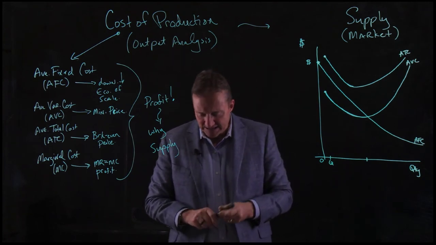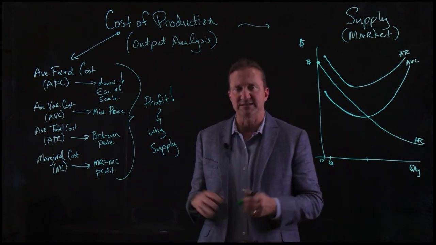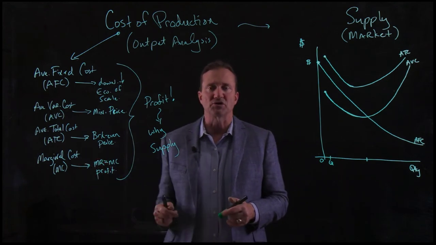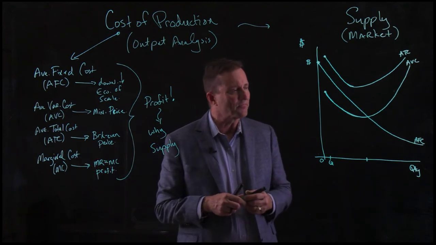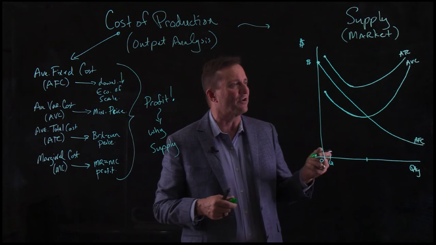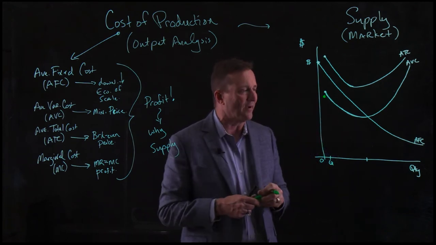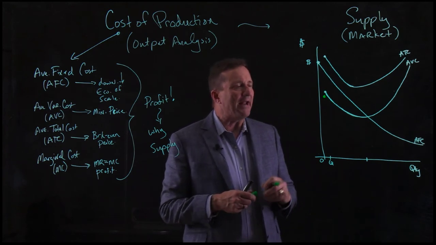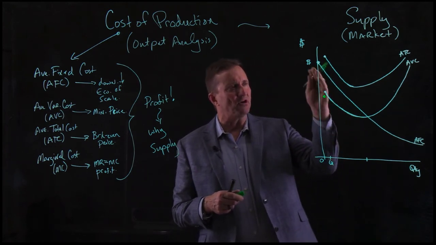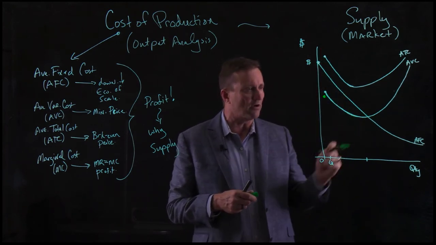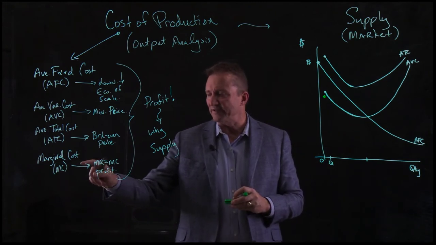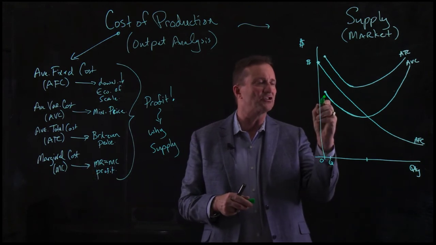Okay, last line on here, I'm going to change colors because it's a real important one for us, and that's marginal cost. What does it look like? Well, to make it simple, I'm going to kind of draw it up here. It's going to be right with average variable at first, so I'm going to go right below average variable. But as our variable cost drops, our fixed costs drop, our total costs drop, marginal cost is measuring the change, and it's going to drop too.